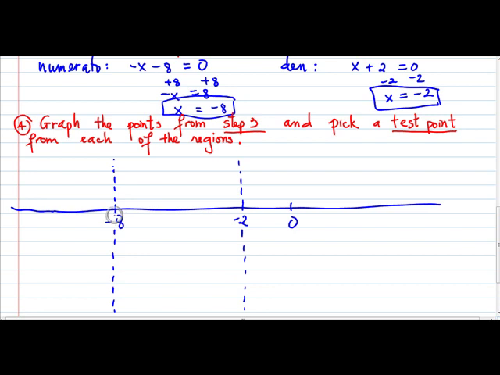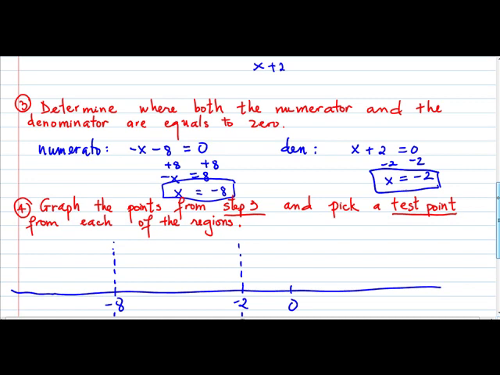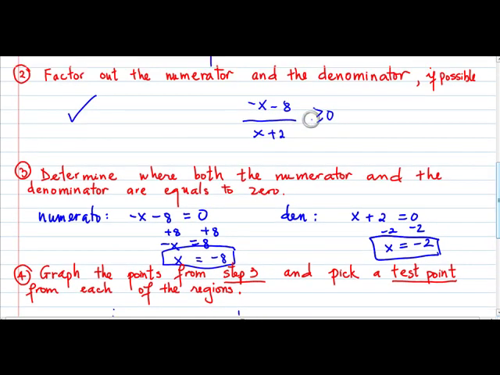When x equals minus 8 the expression equals 0, and when x equals minus 2 it is undefined. We want the values of x that make the inequality greater than or equal to 0.